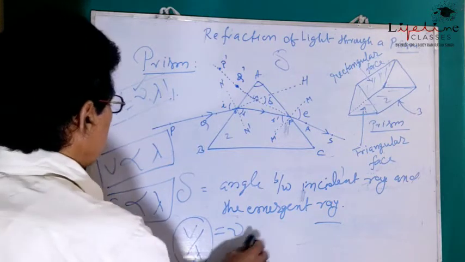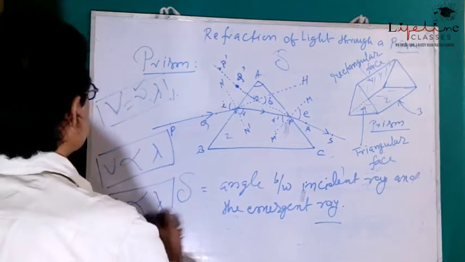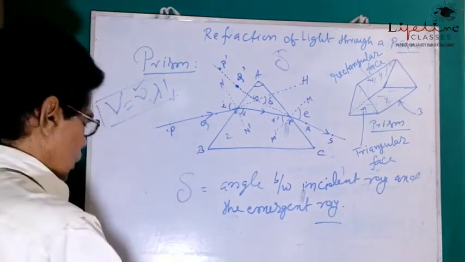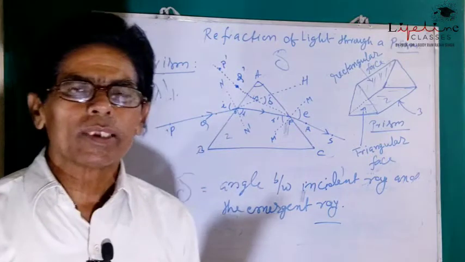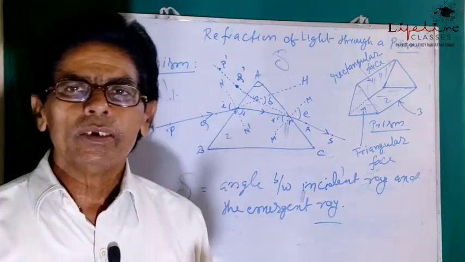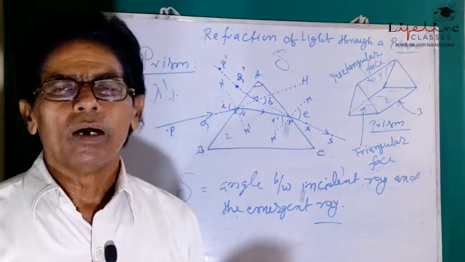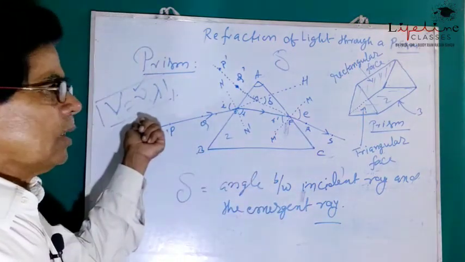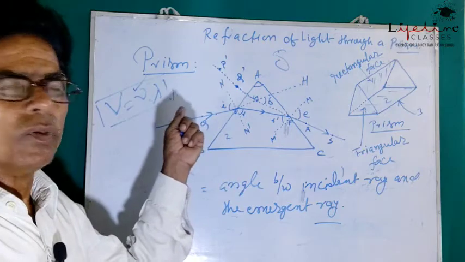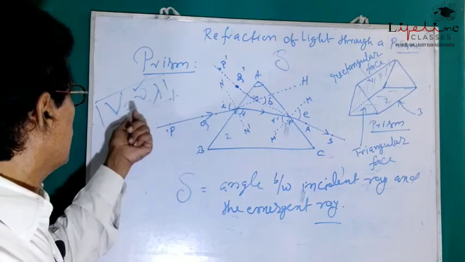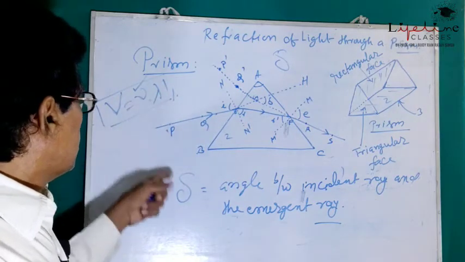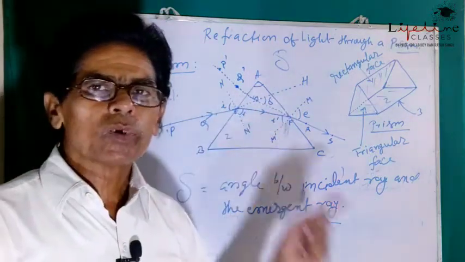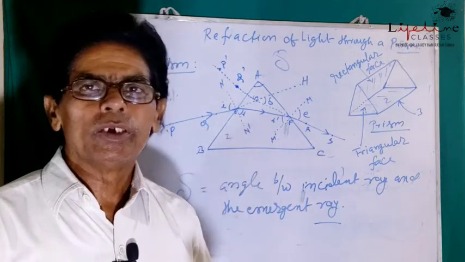So there is a correlation between velocity and the wavelength. Frequency is constant, so for a given frequency, the angle of deviation is inversely proportional to the velocity of light.